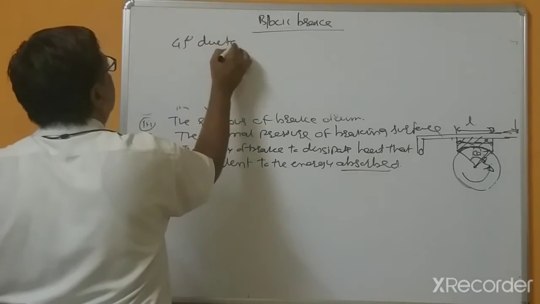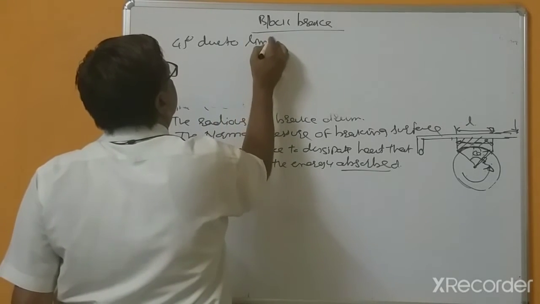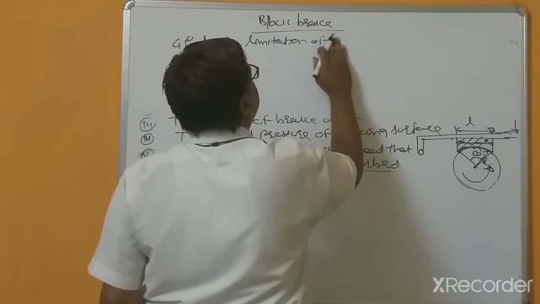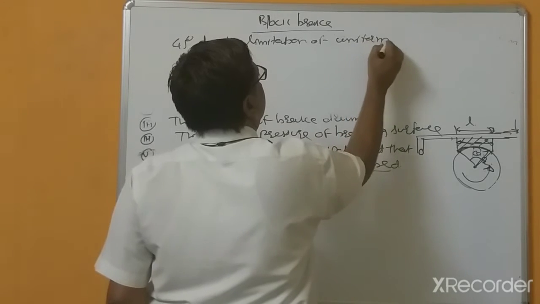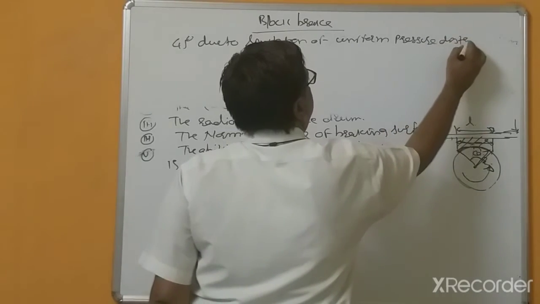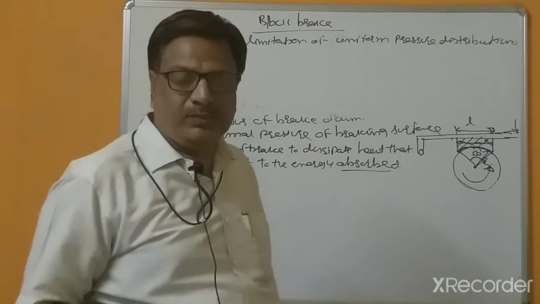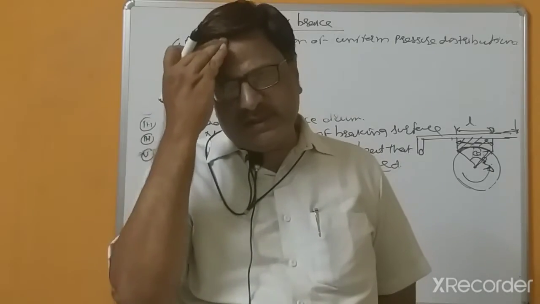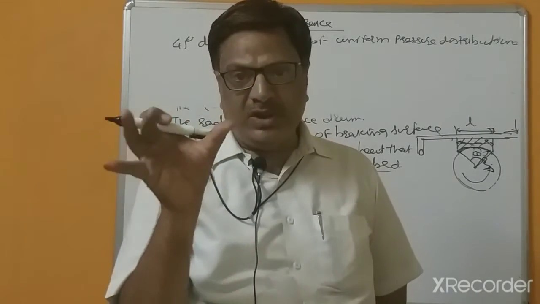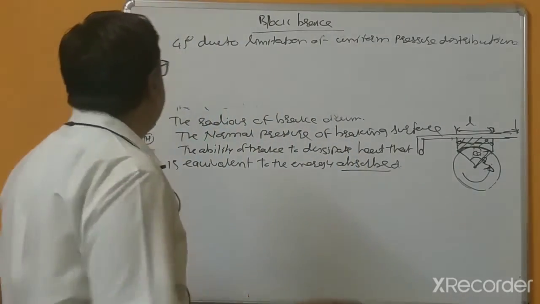Due to limitations of uniform pressure distribution. So that's why, if the length is increased, the width of the block is to be minimized, and if the width is increased, the length of the block will decrease. So that we'll see after that.